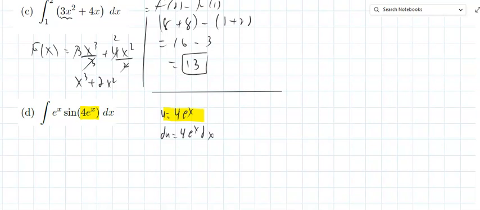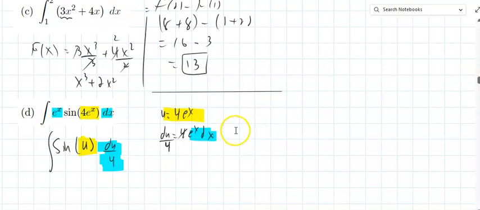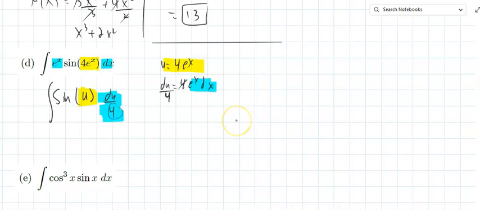I'm looking at this so far. I want to replace this. What would that be? Wouldn't that be simply du over 4? And now we ask the question. The 1/4 is a constant. You could drag that up front.